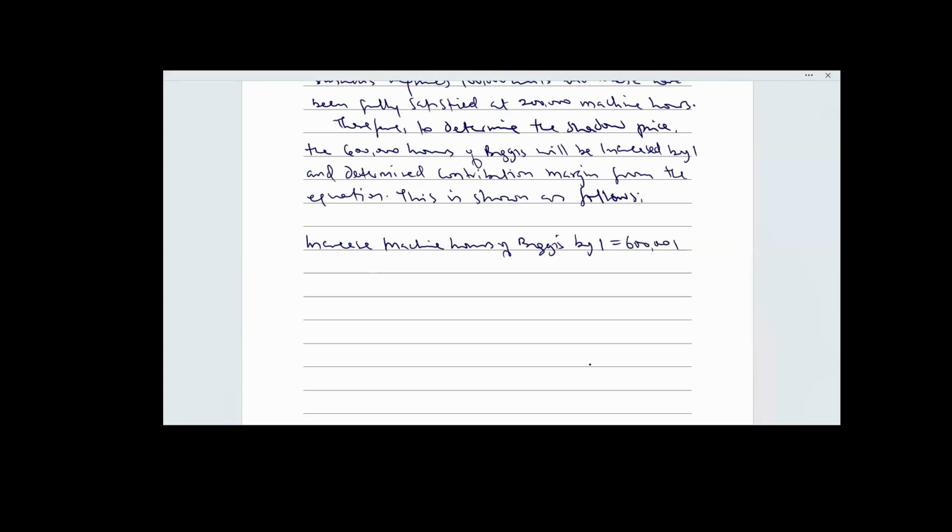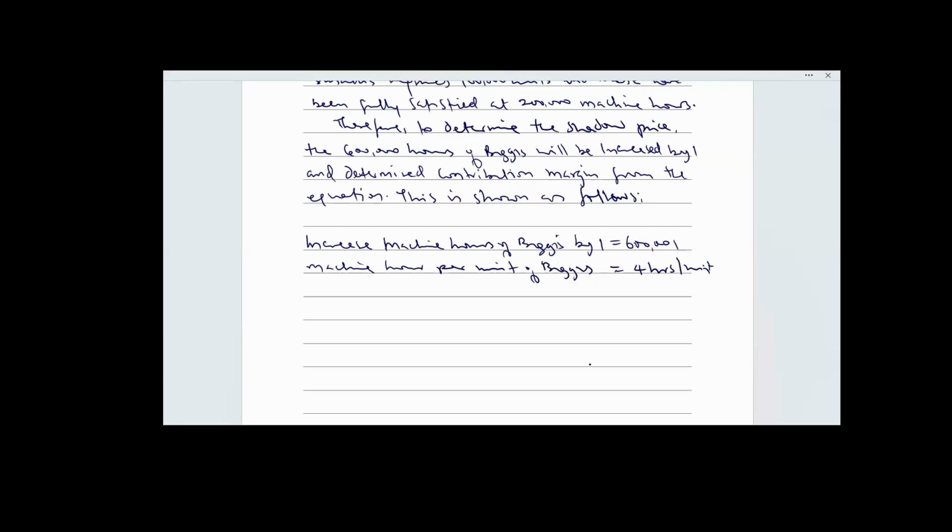Then machine hours per unit of Biggie is equal to 4 hours per unit.